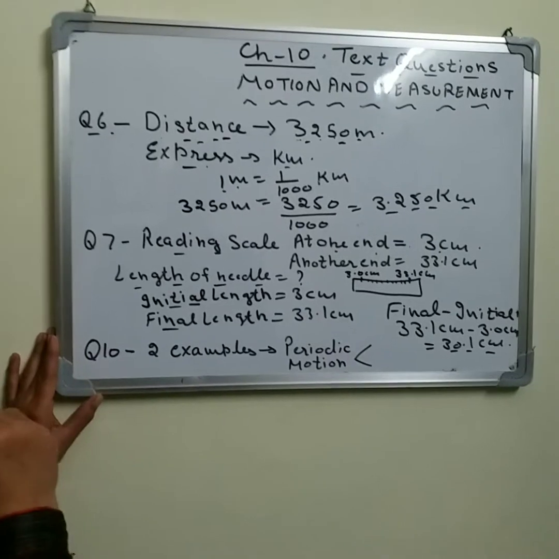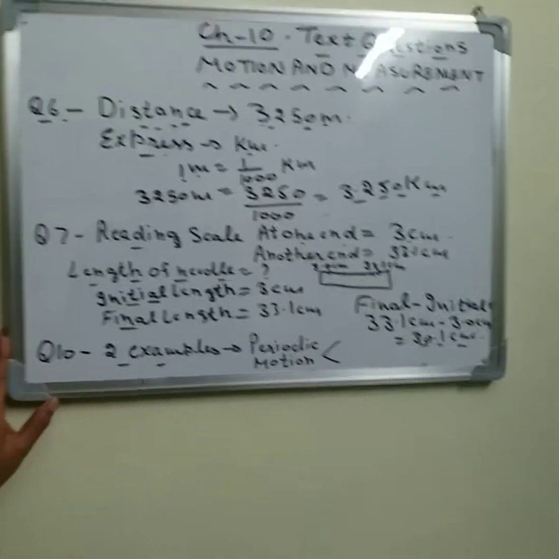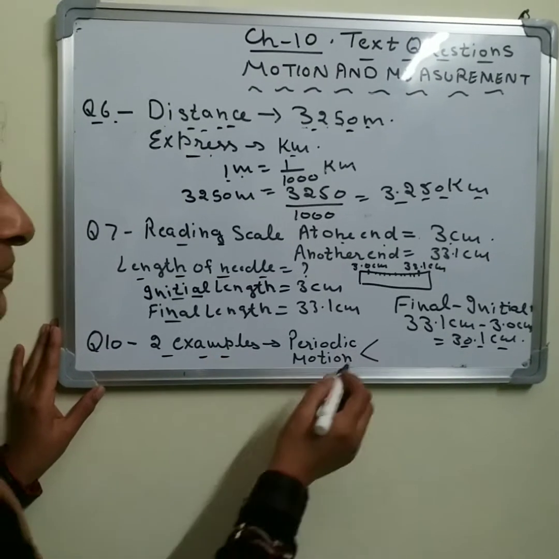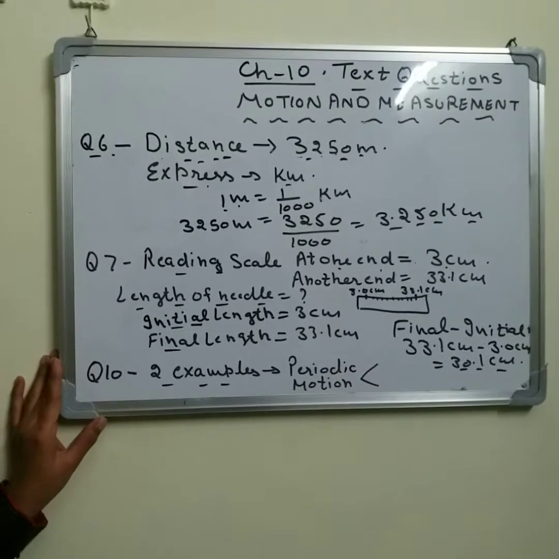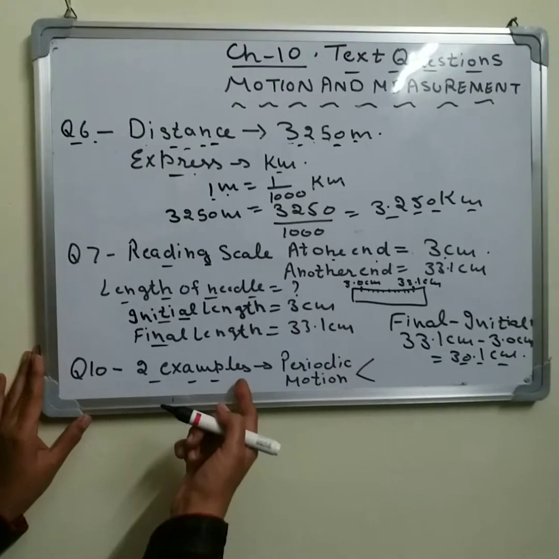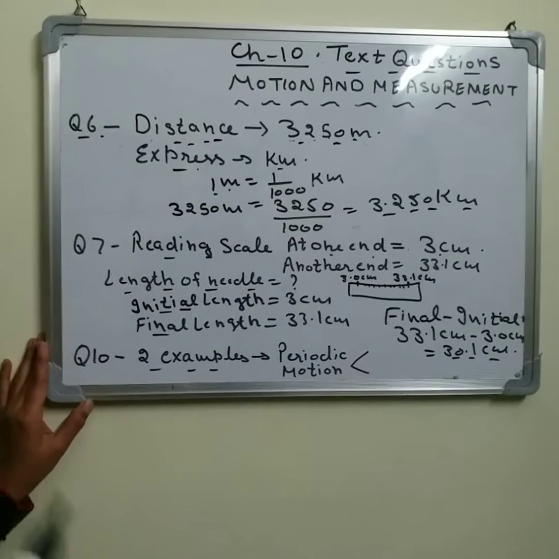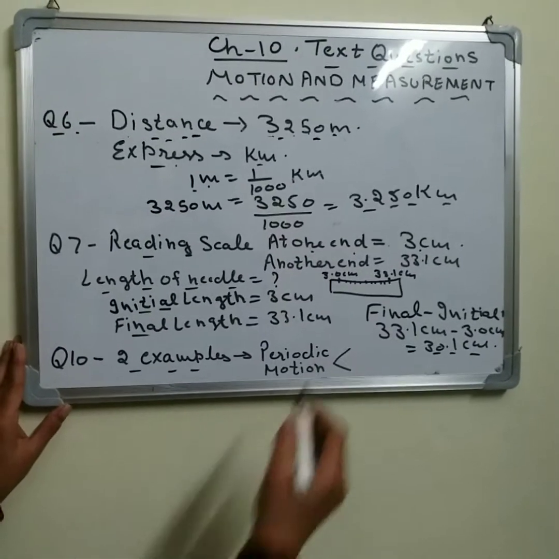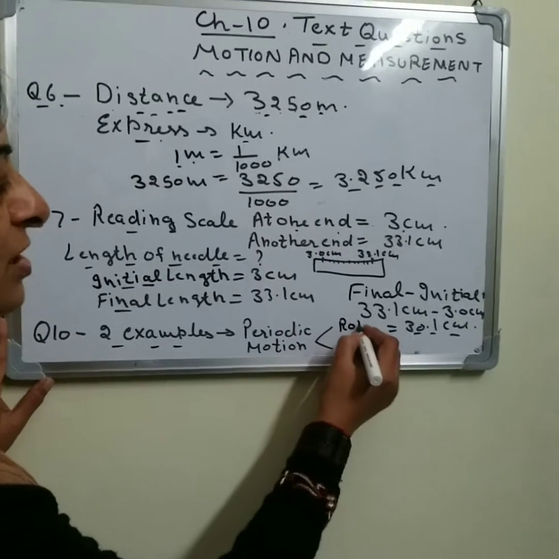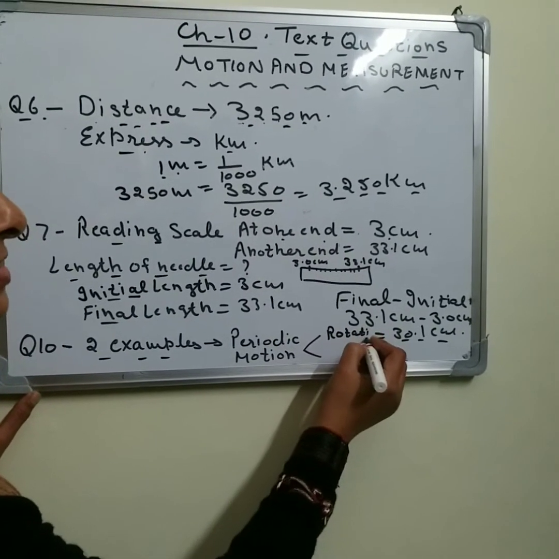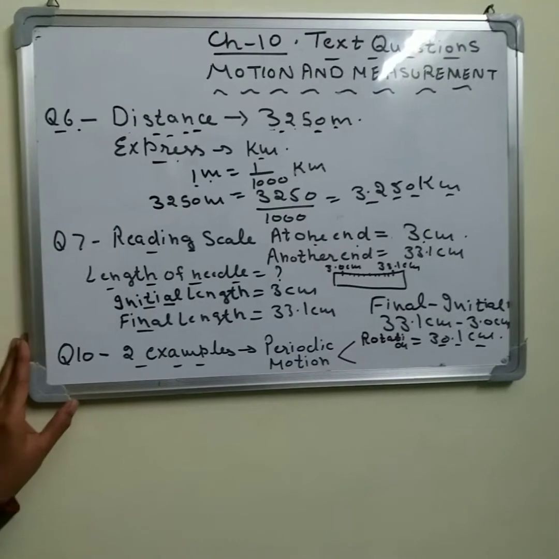Now there is a next problem for you and it's very easy. You have to give 2 examples of periodic motion. First example: the rotation or revolution of the earth is an example of periodic motion.